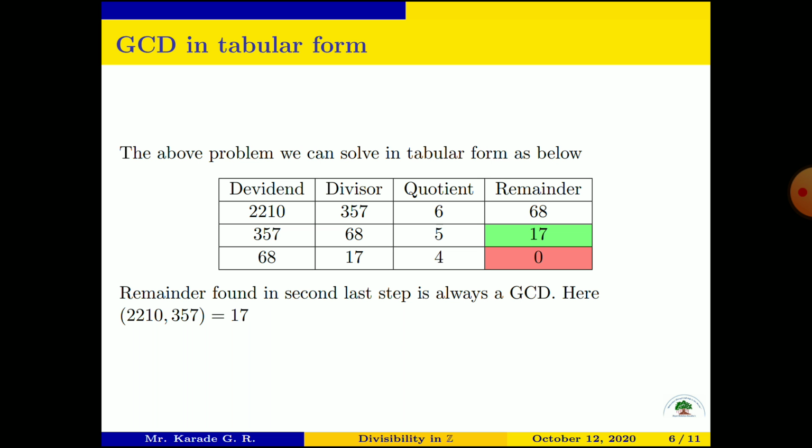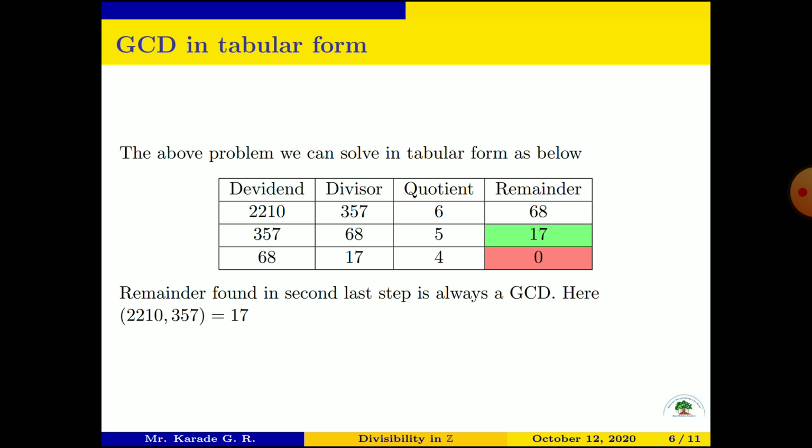The above problem we can solve in tabular form as below. So in tabular form we make a table with 4 columns. The first column is for dividend, the second column is for divisor, the next column is for quotient, and the fourth column is for remainder. In the above problem we got 3 equations, and here we need to write only 3 rows.